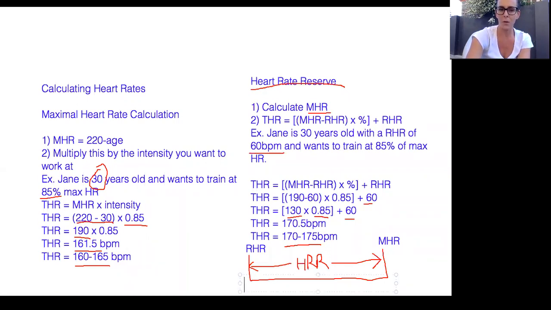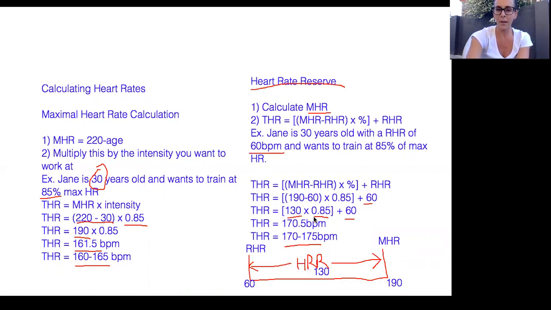I hope I'm not making this worse. So theoretically, Jane's lowest heart rate is 60. Theoretically, her highest heart rate is 190. So 60 is her lowest, 190 is her highest. Therefore, the heart rate reserve is what we find in here, which is 130. And that's what we calculated over here.